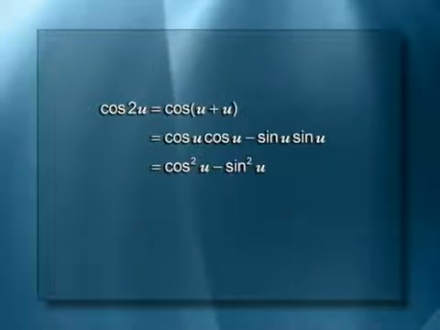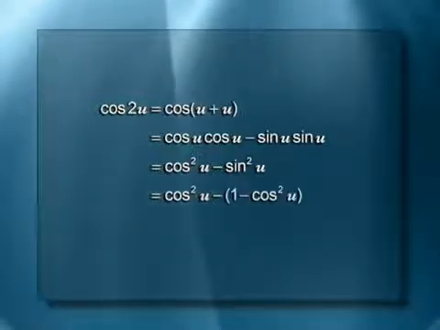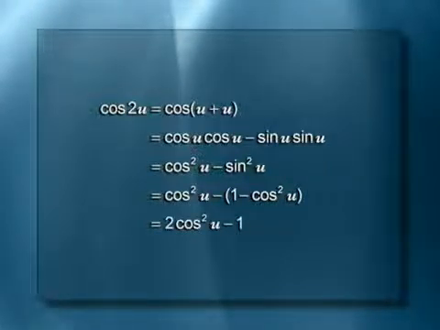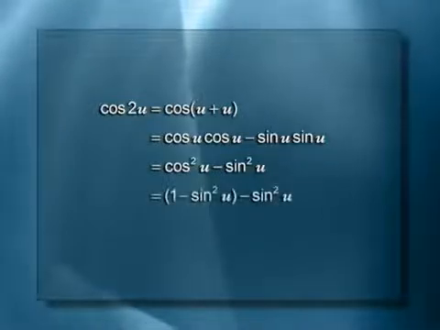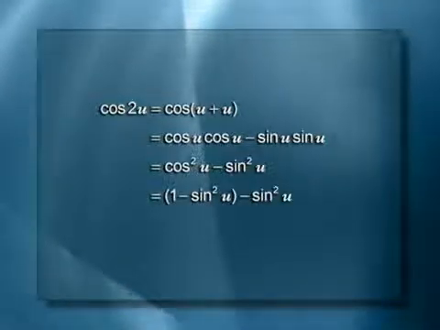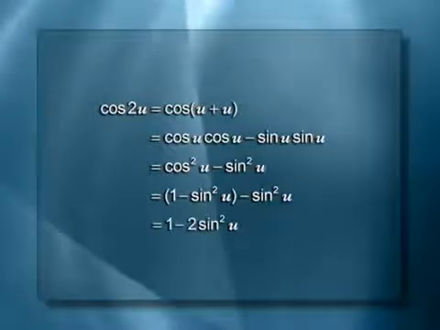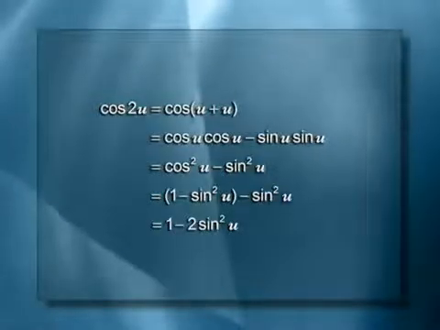You can take that sine squared and use the fundamental identity to write it as 1 minus cosine squared, and then you get 2 cosine squared minus 1. Or you can do something different. Take the cosine squared and write it as 1 minus sine squared. And then you get the equivalent formula, 1 minus 2 sine squared u.